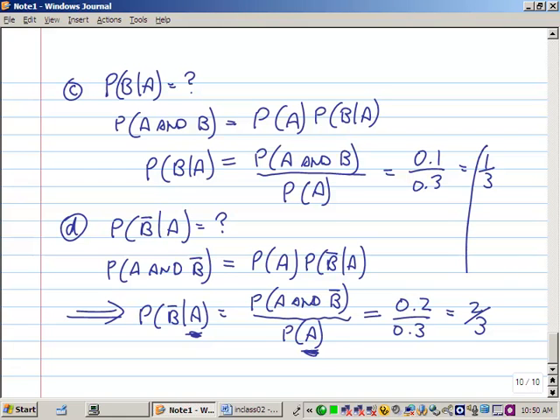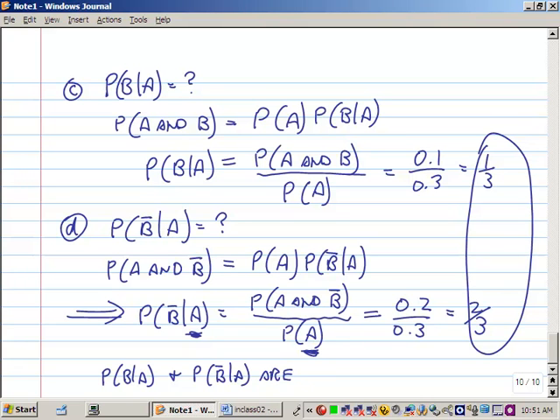Just to make a point here. These two are complements of each other, so the 1/3 and 2/3 is not a coincidence. The events probability of B given A and B bar given A are complements.